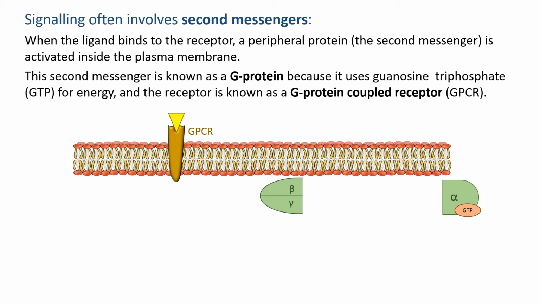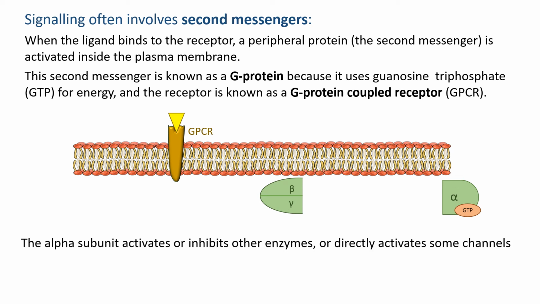Alpha subunit now goes off and can do lots of different things. He's an activated alpha subunit. So the alpha subunit can activate or inhibit other enzymes, or it can directly activate and open some channels.